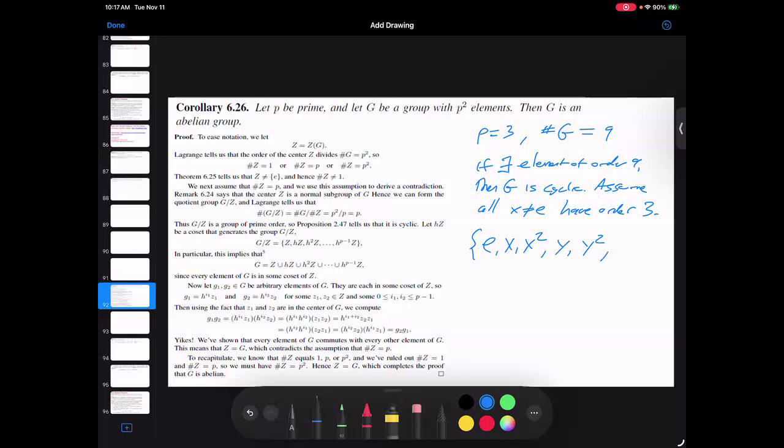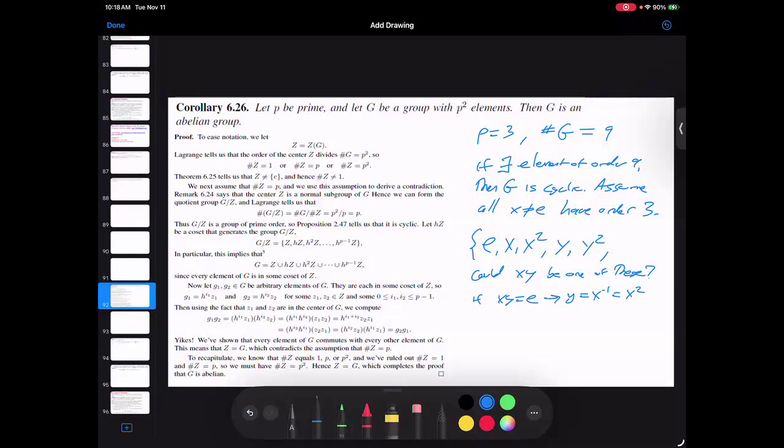Could XY be something already on the list? Could XY be one of these? So if it equaled E, then Y would have to be X squared. If XY equals E, that implies Y equals X inverse, or X squared.